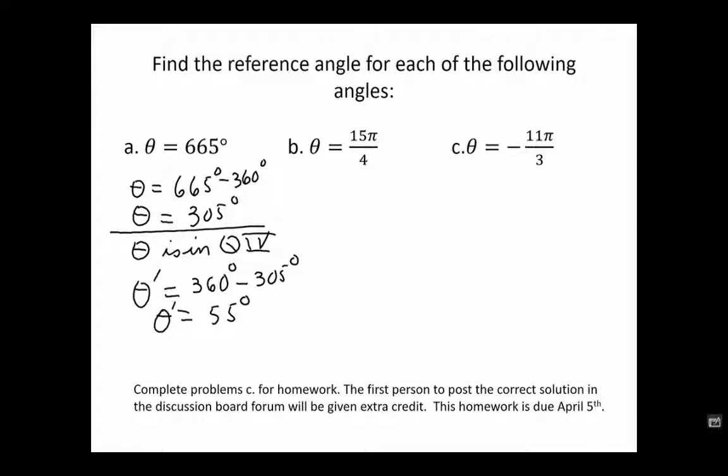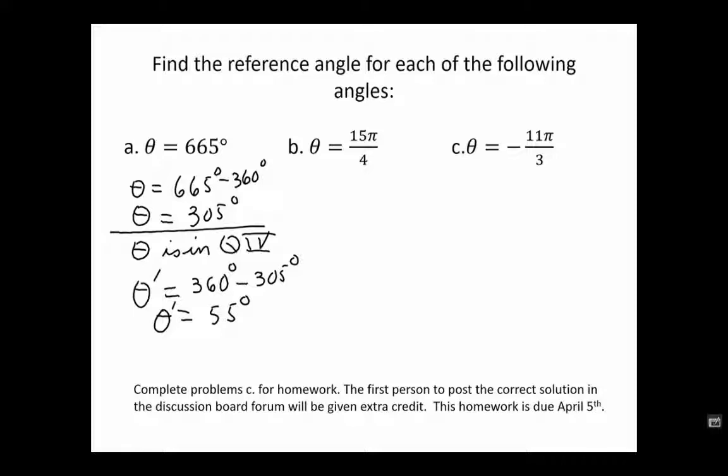So the reference angle is 55 degrees. We always want the reference angle to be a first quadrant acute angle. In all of these instances, the reference angle is an acute angle.